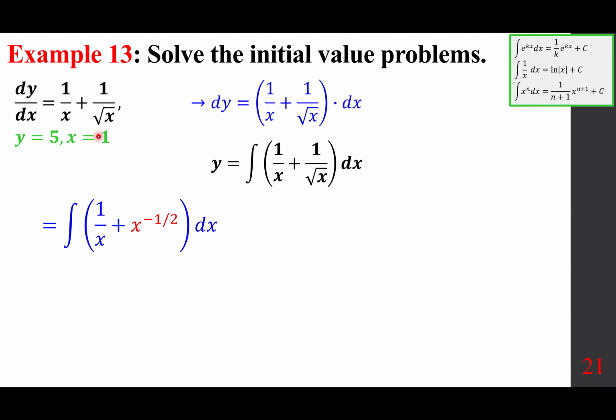Obviously, 1 over x is a natural log. And then this one, we use the power rule. 1 over negative 1/2 plus 1, x to the power of negative 1/2 plus 1, and a constant.